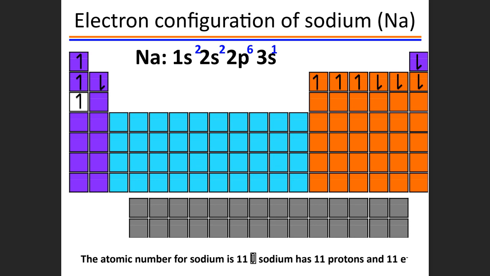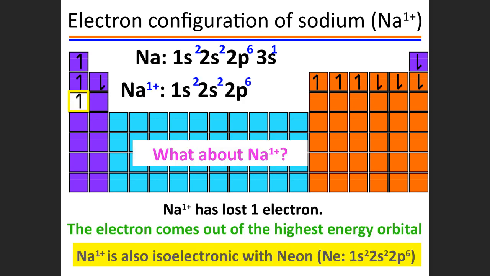Sodium doesn't need it. So what does sodium do? Sodium donates this one. When sodium donates it, we get the positive sodium cation. And this donation is taken by another anion. The electron comes out of the highest energy orbital.